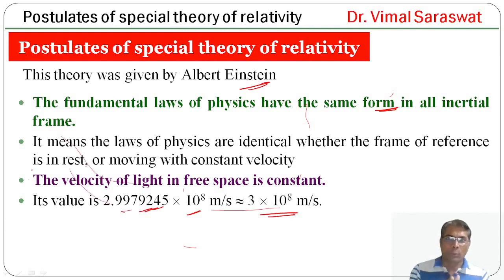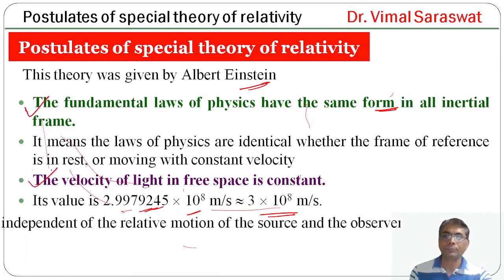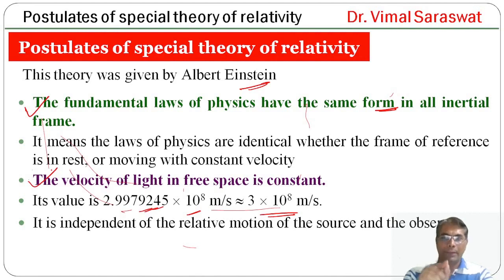So there are two postulates of special theory of relativity: one is this one and another one is this one. The velocity of light in free space is independent of the relative motion of the source and observer.